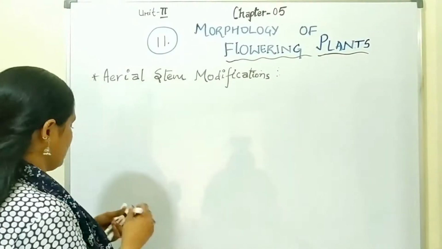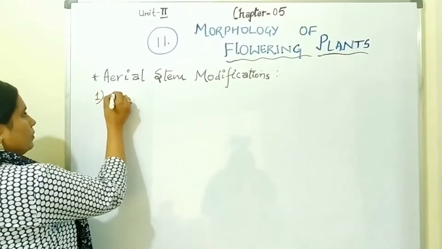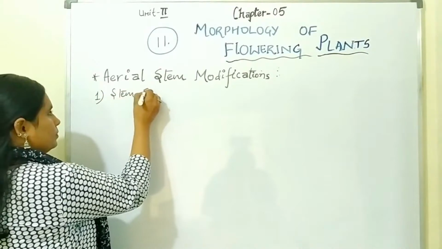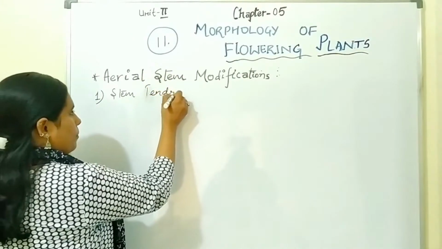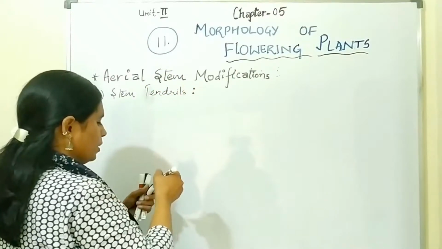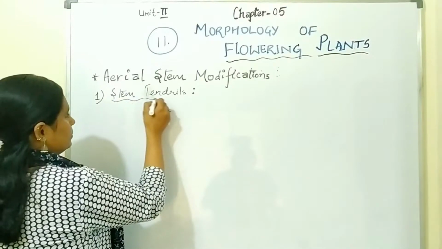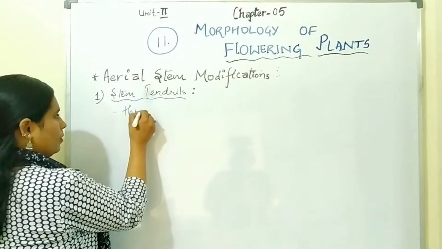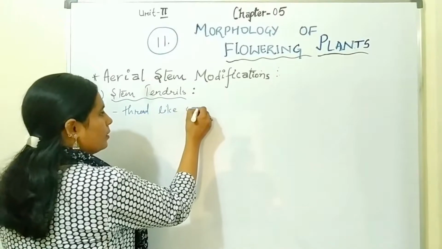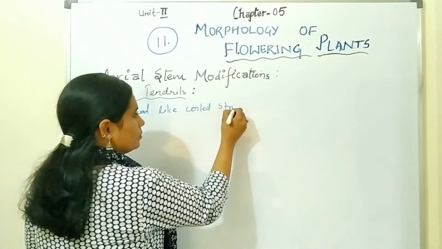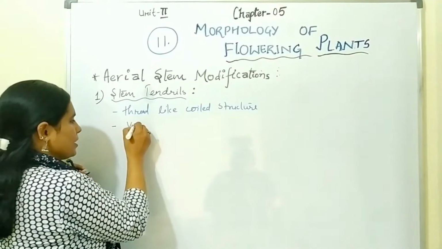So the first topic will be stem tendrils. These are thread-like, coiled structures. These are very sensitive.